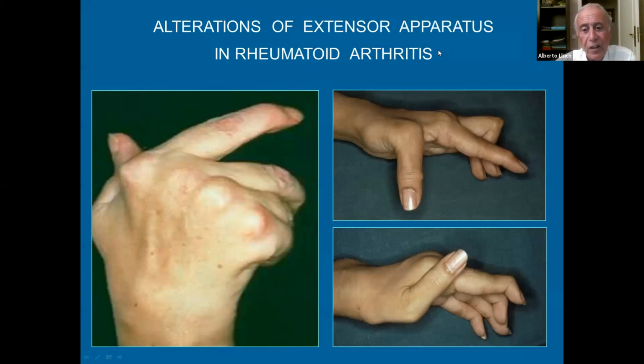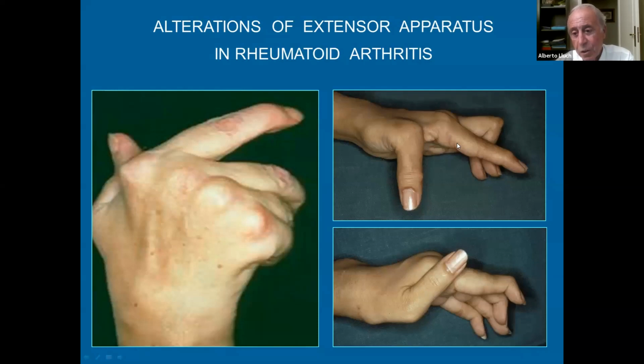What is more difficult to understand are the alterations of the extensor apparatus that happen in rheumatoid arthritis. In rheumatoid arthritis, we can see an ulnar drift of the fingers, loss of extension of the fingers. This is the same patient, the left hand with a gamekeeper's thumb, the opposite hand with a reverse gamekeeper's thumb.